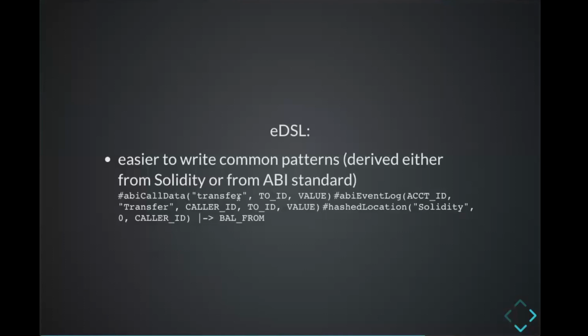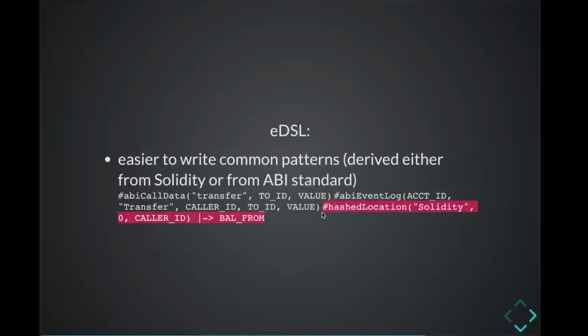So in particular, there's actually just 3. And those are, for some reason it didn't put it on a new line, but the first one is this one, ABI call data. The second one is this one, ABI event log. And the third one is hash location.